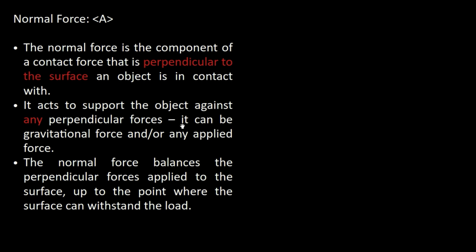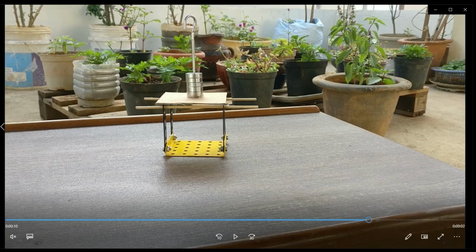So this statement is important, that it can be against the gravitational pull or any other force. The normal force balances the perpendicular force applied to the surface up to the point where the surface can withstand the load.